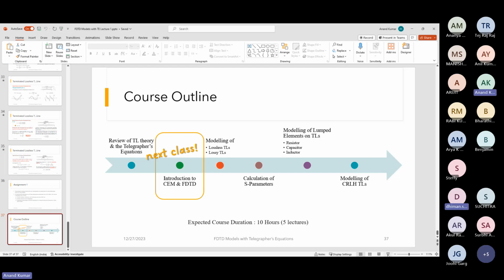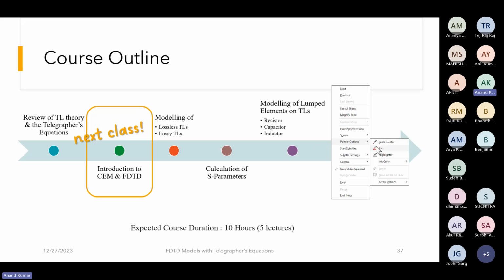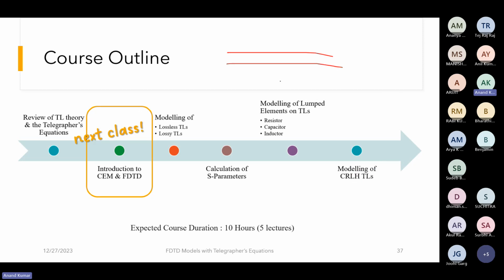Okay, I'm not sure if I have the right answer for your question, but maybe this is what you're asking: we have, for example, this huge transmission line, and we zoom in on this differential section and consider the RLGC values.